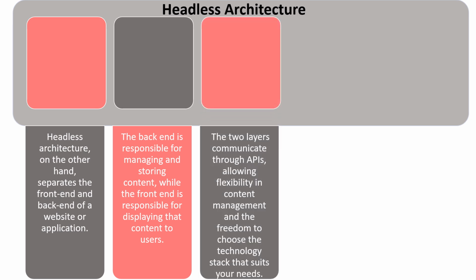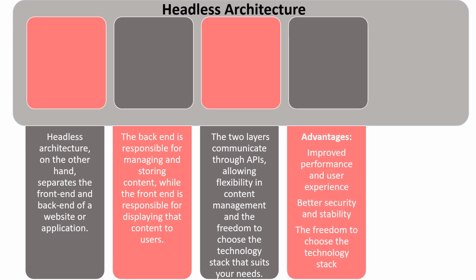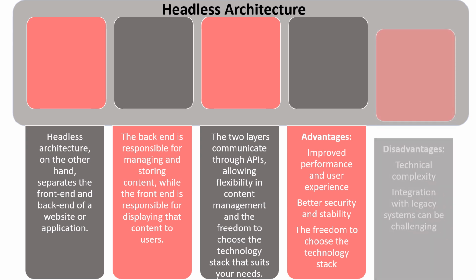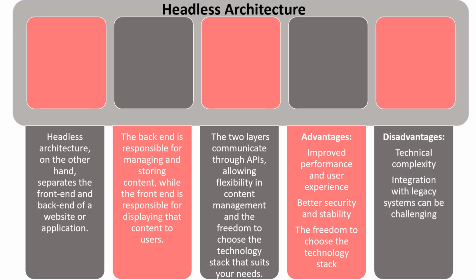And the two layers communicate through the APIs, allowing flexibility in content management and the freedom to choose the technology stack that suits your needs. The advantages are improved performance and user experience, better security and scalability, and, as we already said, the freedom to choose the technology stack. The disadvantages are technical complexity, and integration with legacy systems can be challenging. So these are the things about the headless architecture.